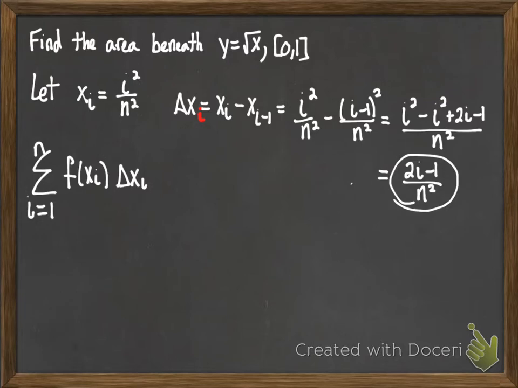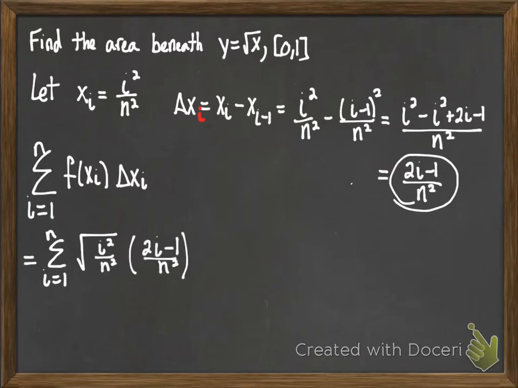Then we plug in what those are. f of xi would be the square root of i squared over n squared, times 2i minus 1 over n squared. We simplify.